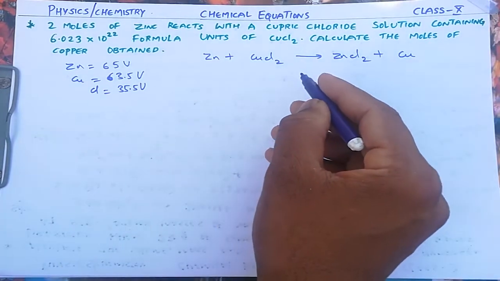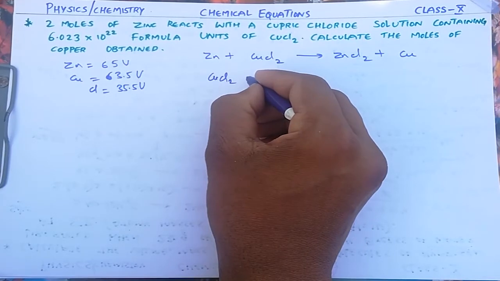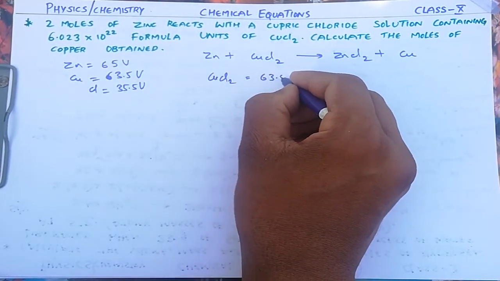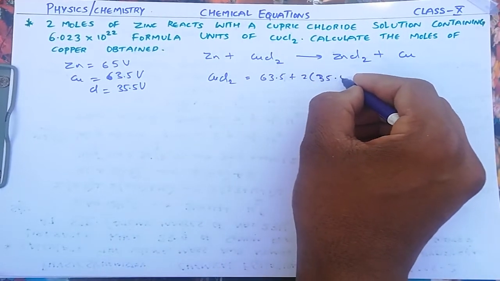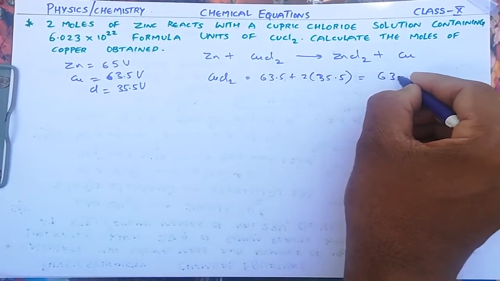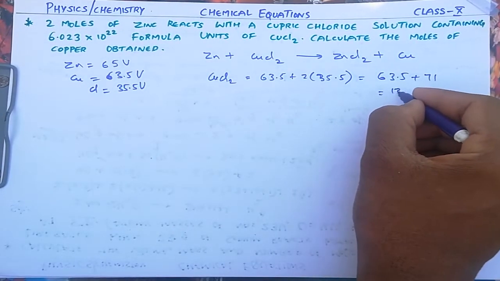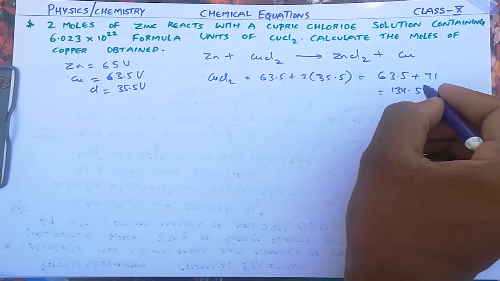Okay, so cupric chloride CuCl2 will take, CuCl2 is 63.5, that is copper, plus 2 times chlorine 35.5, that is 63.5 plus 71, which is nothing but 134.5.